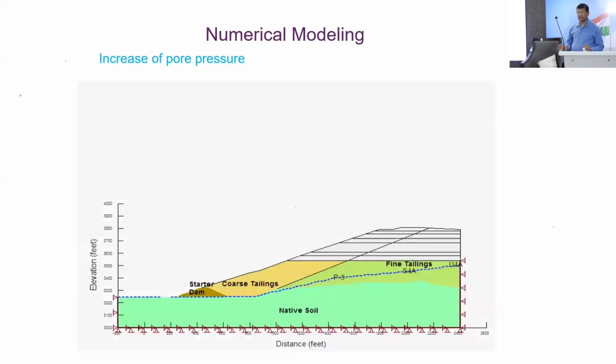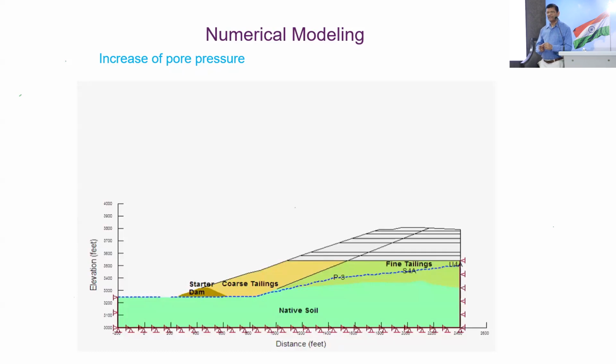I think yesterday somebody asked me why you need a numerical model. We have an empirical model, we can do that. Like the limit equilibrium method, we can solve it. But the limit equilibrium method has a limit to it.